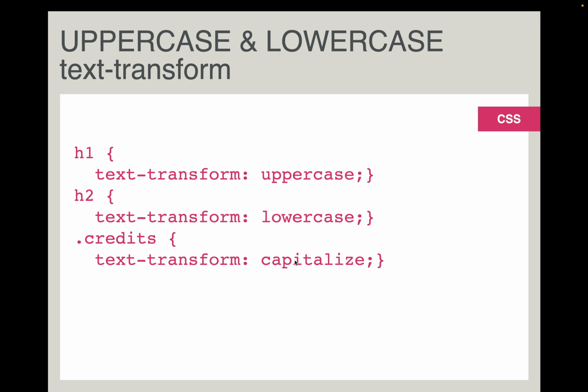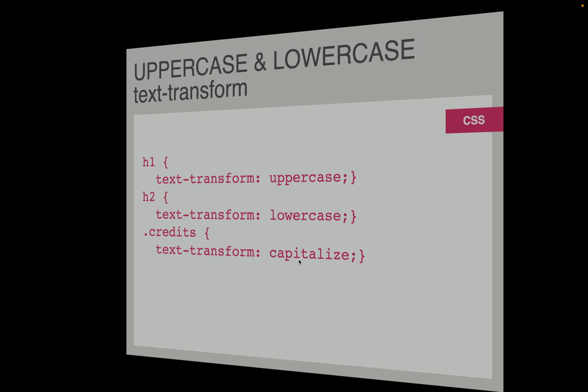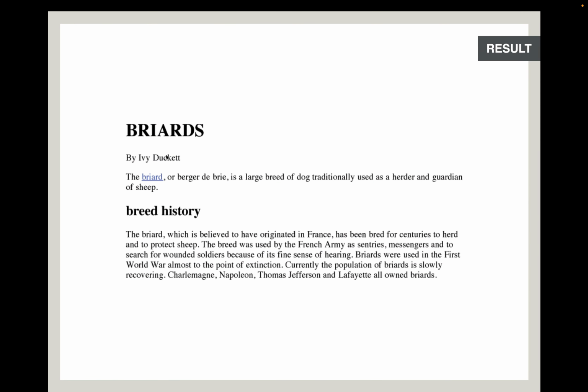You can also capitalize the first letter of the words. So you see the H1 here is all uppercase, even though that's not what was typed in. Breed history is all lowercase, even though that's not what was typed in. And I think it's this guy that they put in capitalize that would then capitalize the B, the I, and the D.